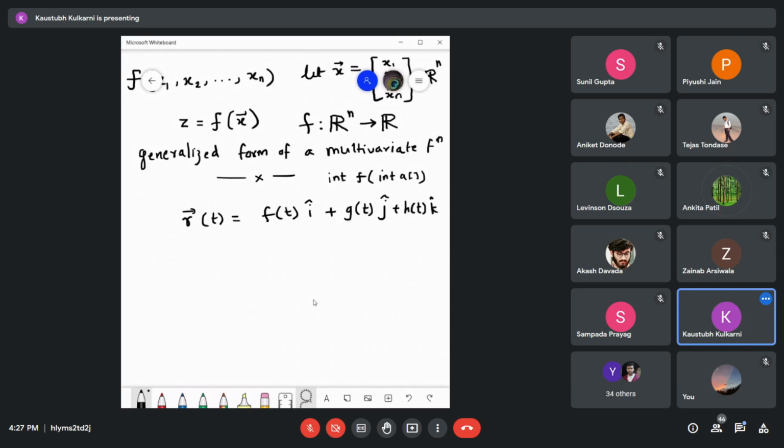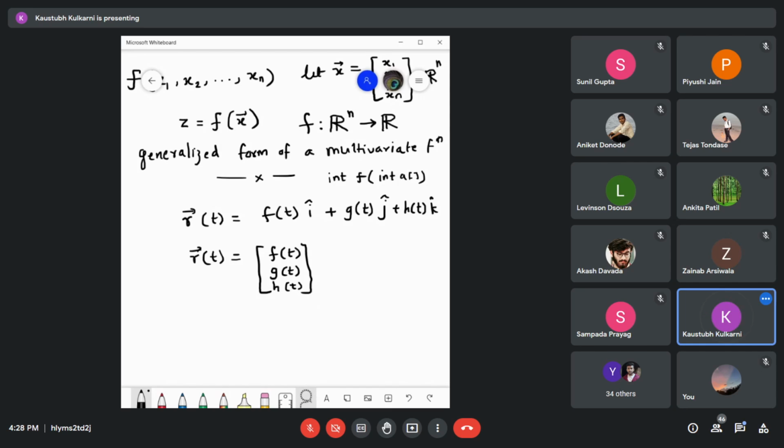Consider this as a vector of functions. Consider r of t as actually something like this: f of t, g of t, and h of t. It's like a vector because this will help us generalize it.